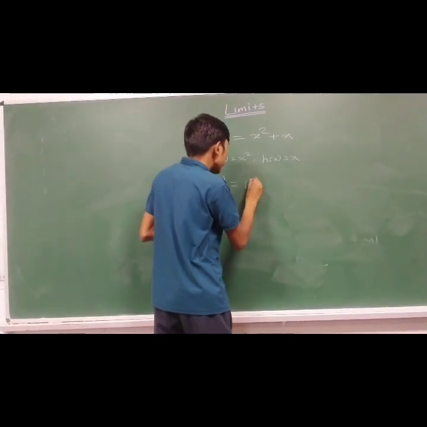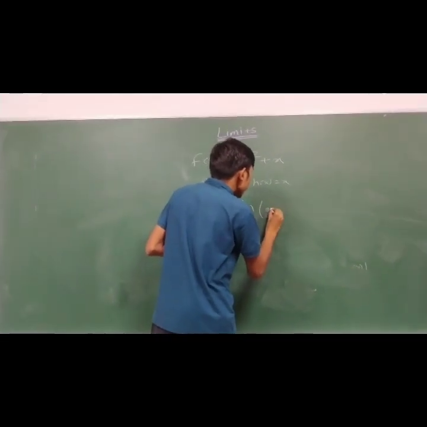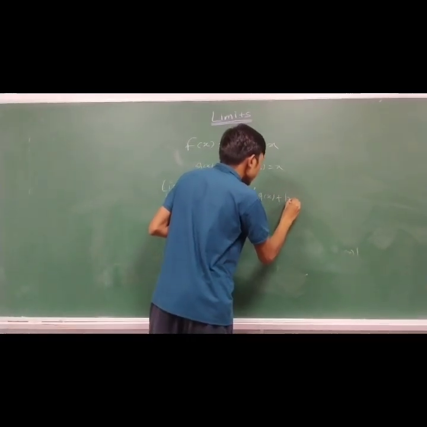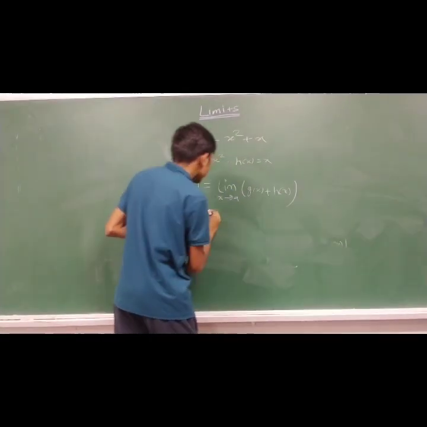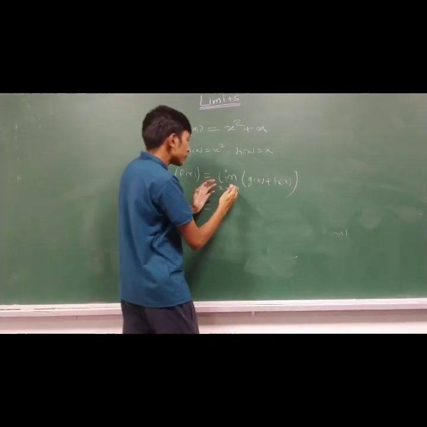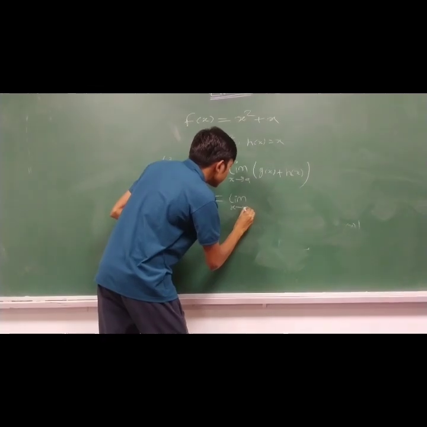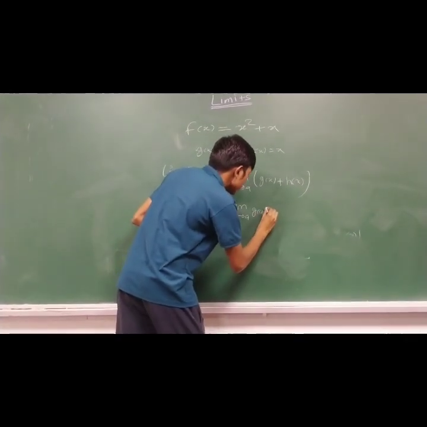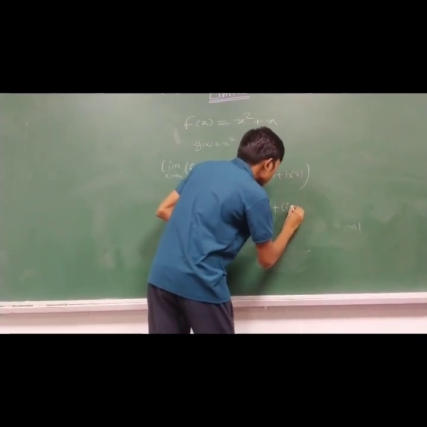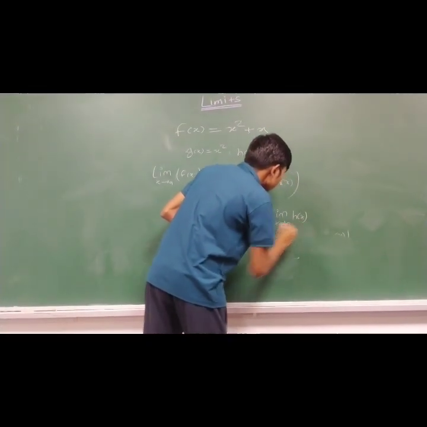So I will write it as the limit as x tends to a of g(x) plus h(x), which, as I previously told you, I can write as the limit of g(x) plus the limit of h(x).